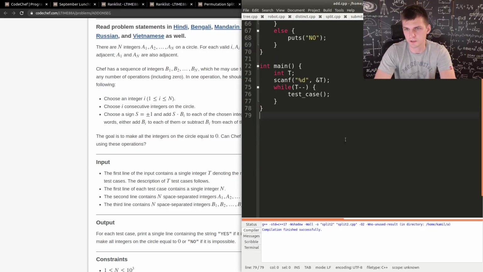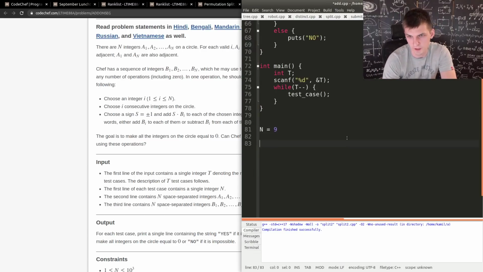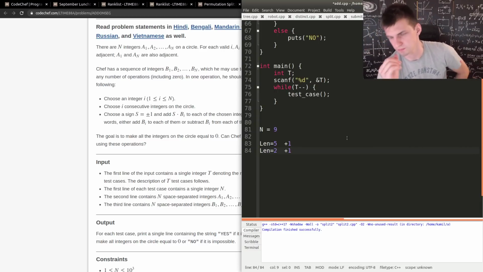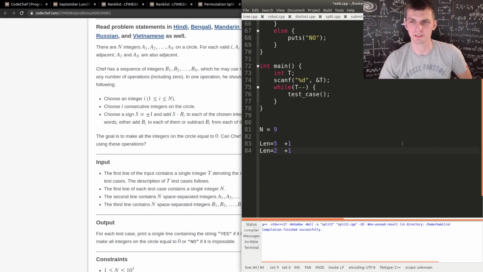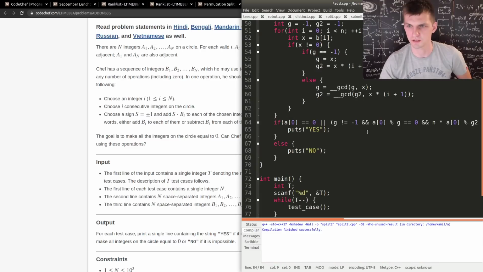What is difficult here? It's difficult if, let's say, n is equal 9, and with len 5, I say +1, and then with len 2, I do +1. But it seems to be now like a knapsack on sums of numbers. And I tried to hack that with caring about the sum of elements and single elements.